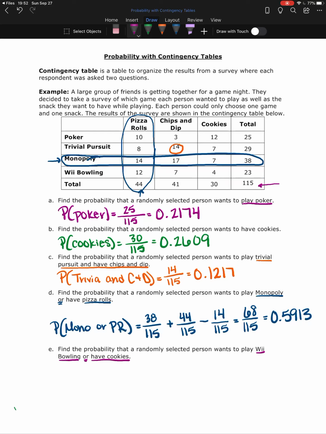So again, one of these is a row, one of these is a column, so there is overlap. So we're going to have to subtract off the overlap from the totals. So the probability of Wii or cookies is first going to be the total number of people that voted for Wii.